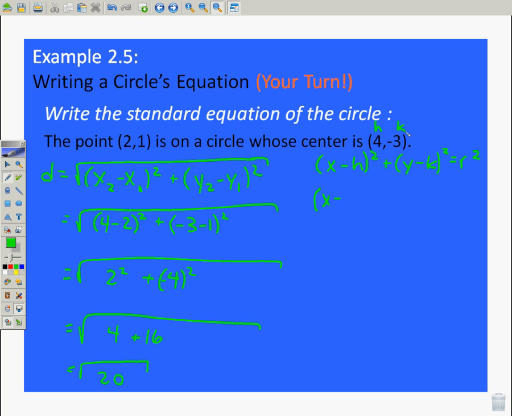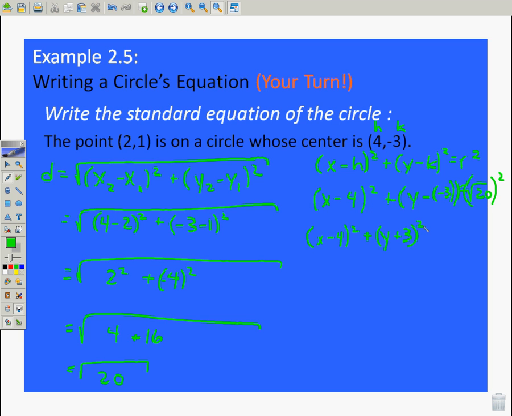Remember, 4 goes here plus y minus a negative 3 is equal to square root of 20 squared. Watch how this works. X minus 4 squared plus, now this is y plus 3 squared.